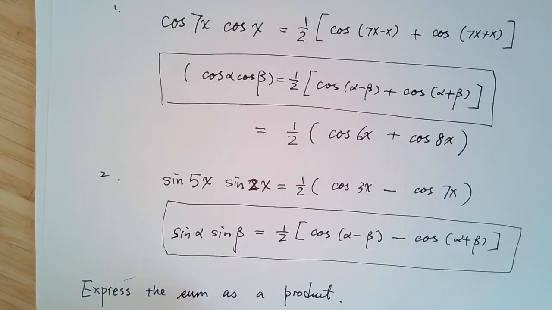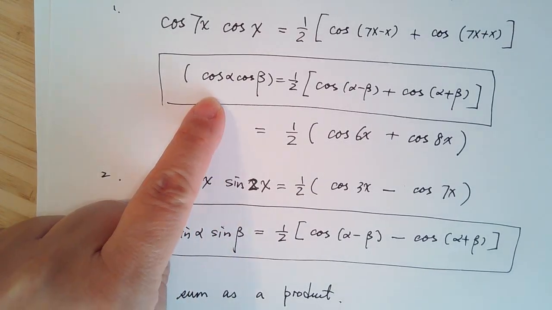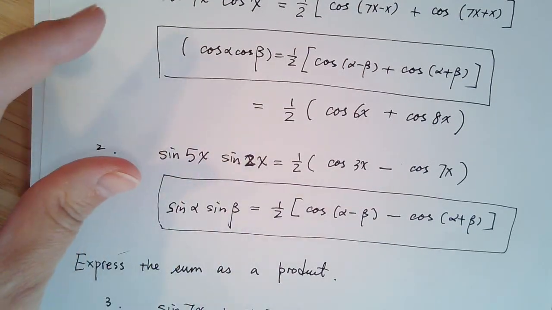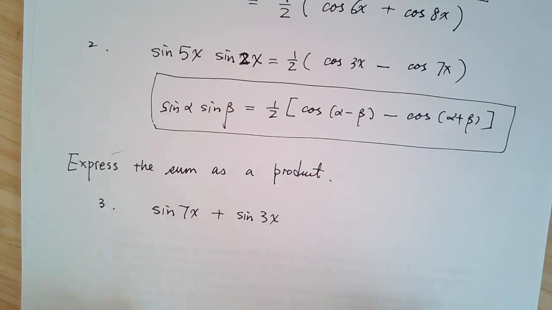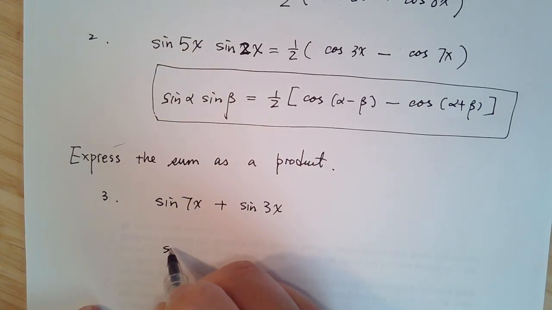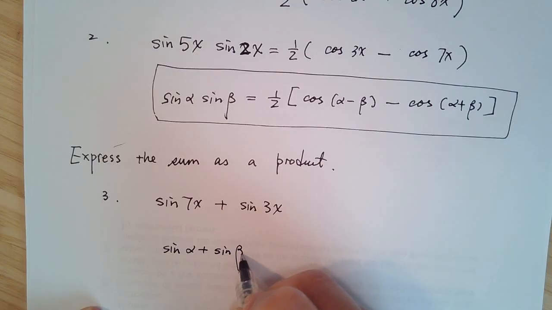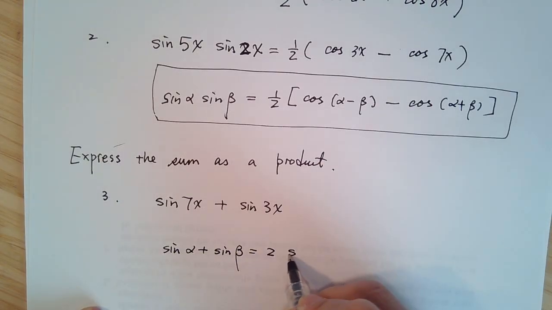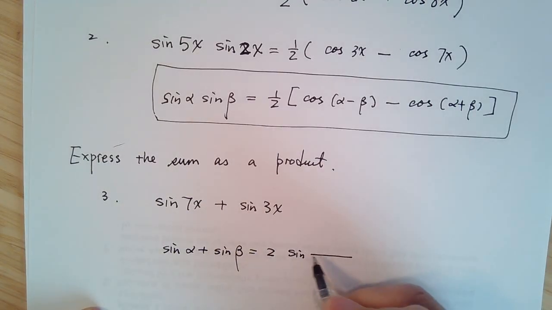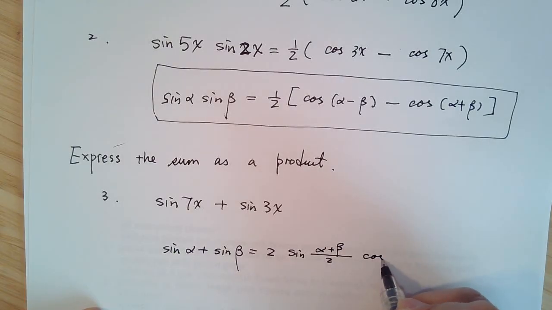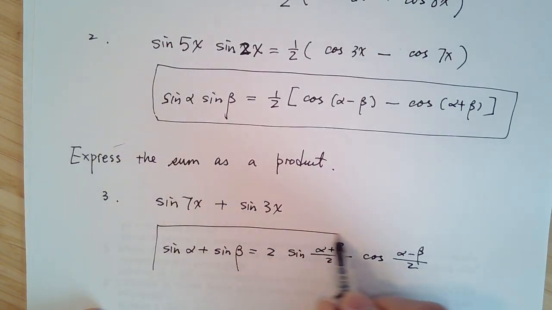Sine plus sine, look at this. Sine times cosine, cosine times cosine, sine times sine. So this is the product, and here is the sum. Now I give you the formula here: sine alpha plus sine beta equals twice of sine alpha plus beta over 2, and then cosine alpha minus beta over 2. So this is my formula.